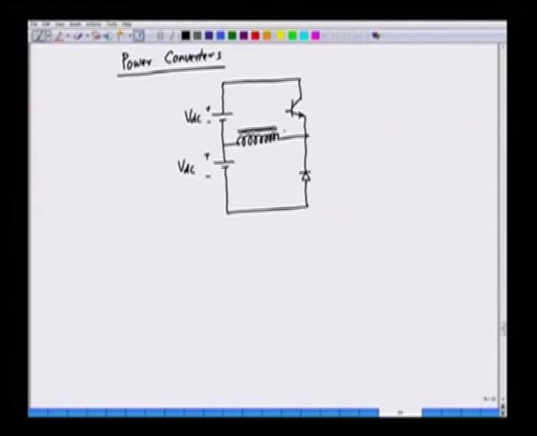If this terminal is A, this terminal is B. So if we want positive voltage, we switch on S. If we want negative voltage, S is switched off and we switch on D.